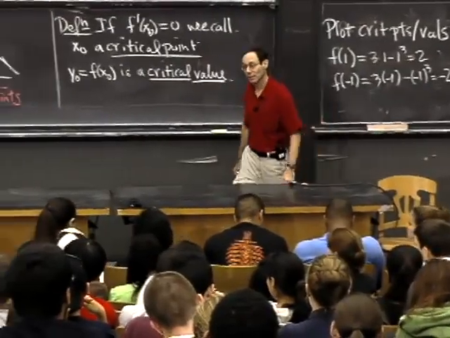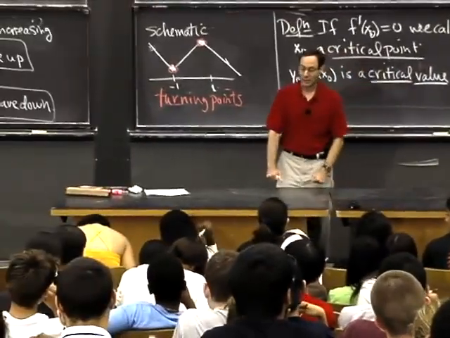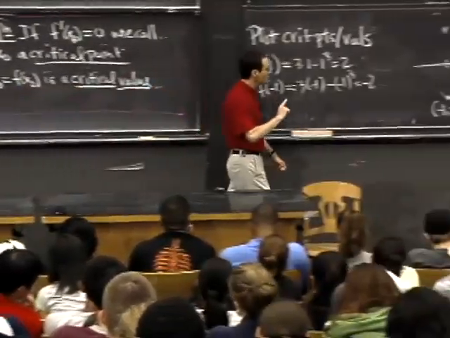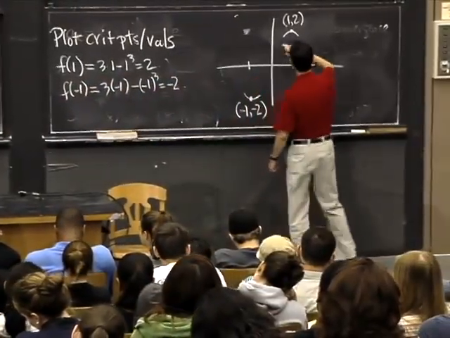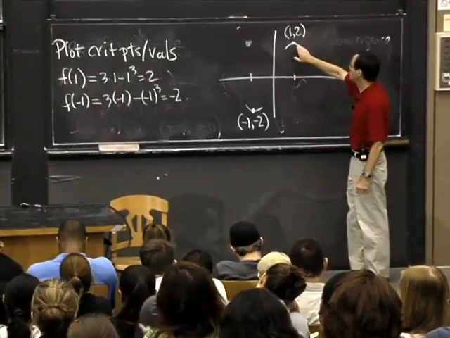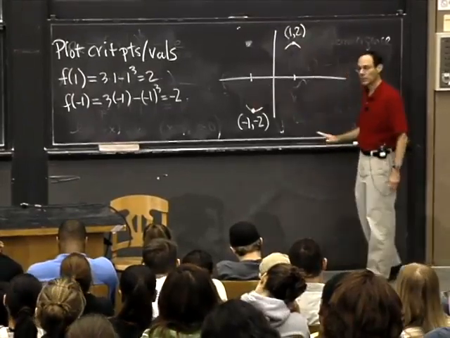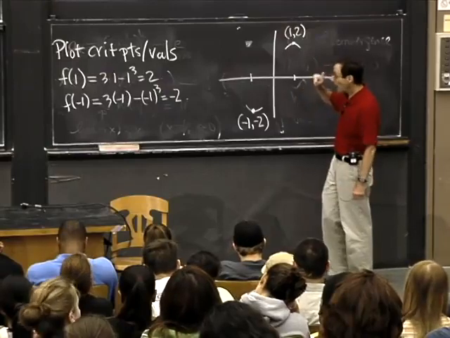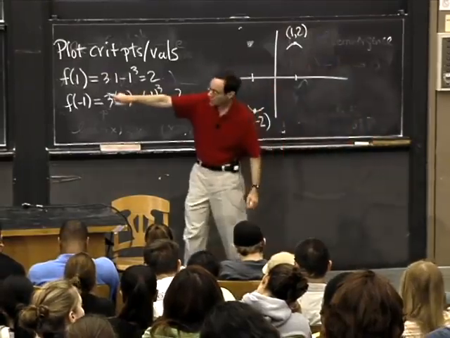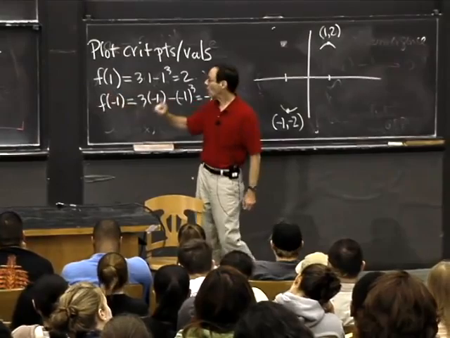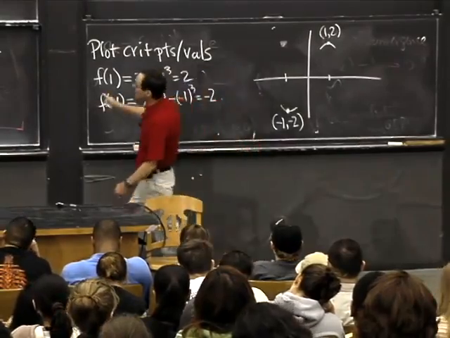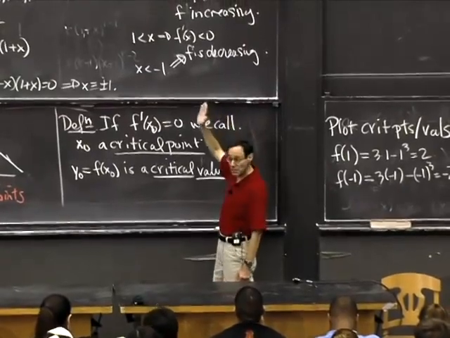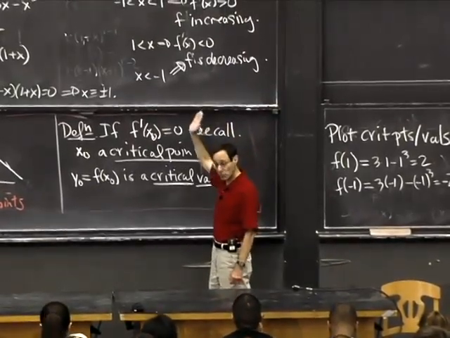Yeah, question? How do you know that at the critical point it's concave? The question that was asked was, how did I know at the critical point that it's concave down over here and concave up over here? The answer is that I actually did not use the second derivative yet. What I used is another piece of information. I used the information that I derived over here, where f prime is positive and where it's negative.